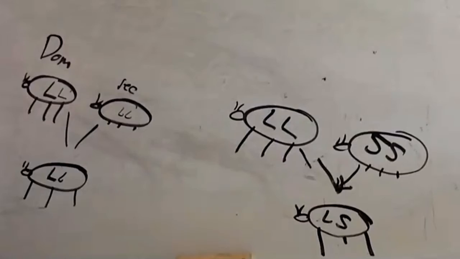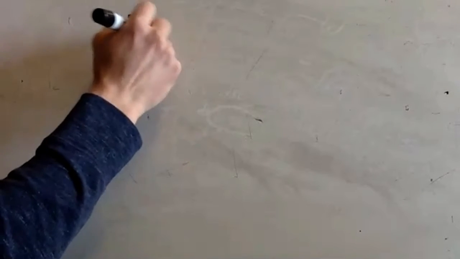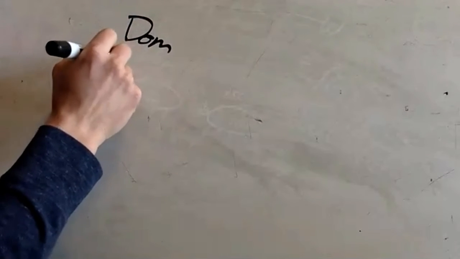And this is just an example, okay? Other examples. If you took the idea of, say, eyelashes in a human, if you had E for eyelashes, and we'll say dominant is short eyelashes, okay?